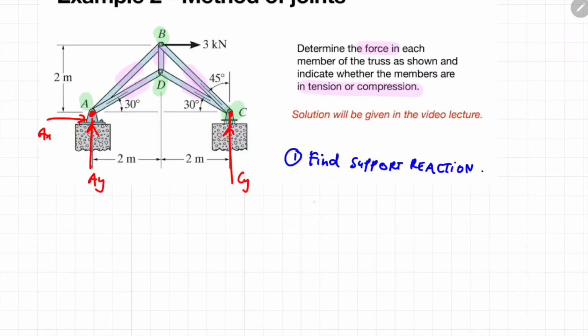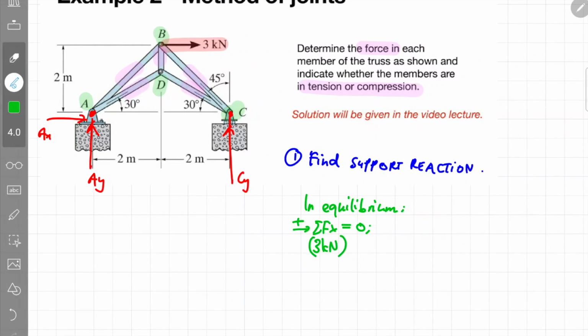Now, to find the magnitude of the support reaction for each joint, we assume the whole truss structure as a single unit. So again, we apply the equilibrium condition to this particular truss structure. Assuming the rightward direction as positive, the summation of all the forces in X should be 0. So there is one force over here, which is 3 kilonewton, the magnitude is positive.